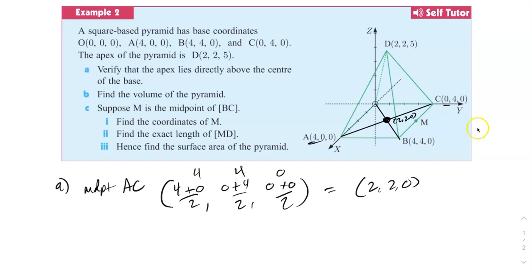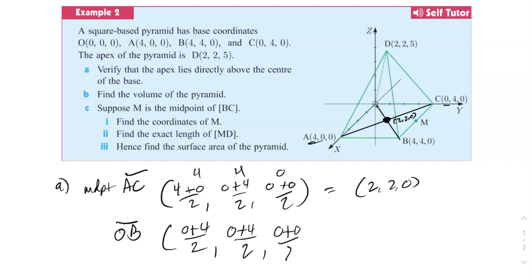I should confirm that's also the midpoint of this one here. So I'm going to do the same thing with OB. Anytime you see O in something like OB, that generally means the origin. That origin, we'll call it O. So it's going to be 0 plus 4, because origin is 0, 0, 0, divided by 2, 0 plus 4 divided by 2, and then 0 plus 0 divided by 2.